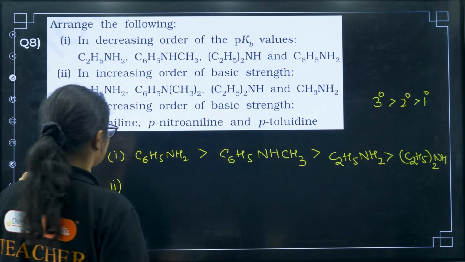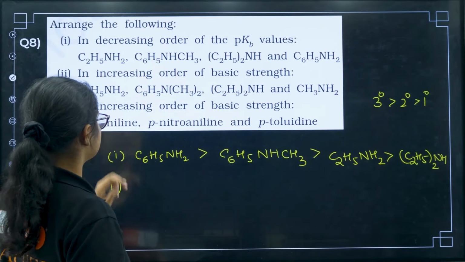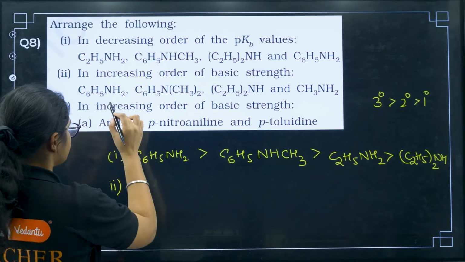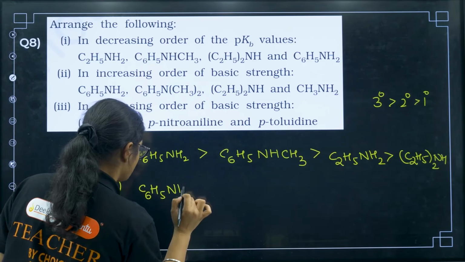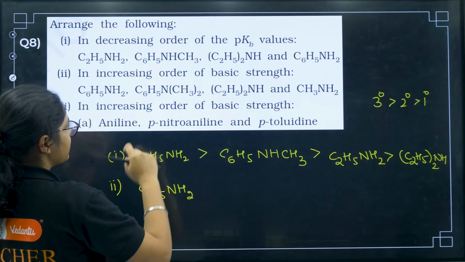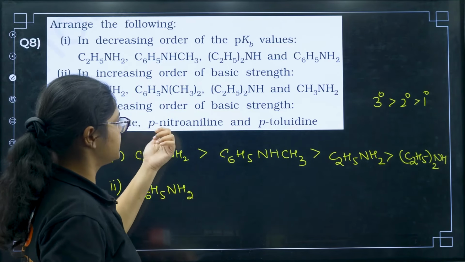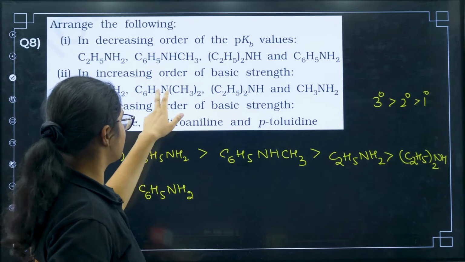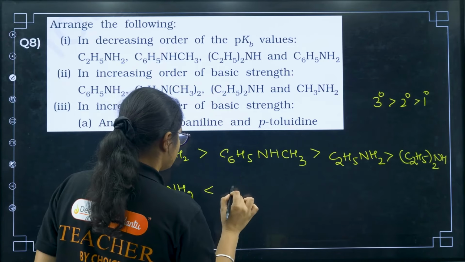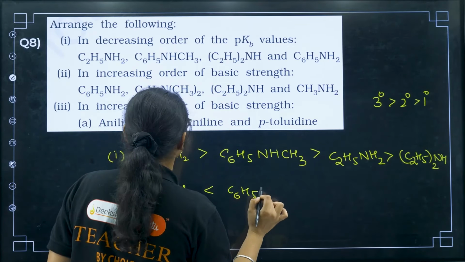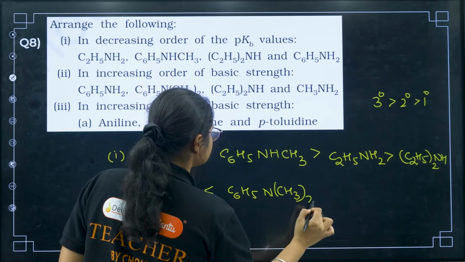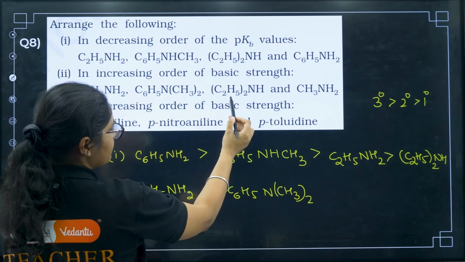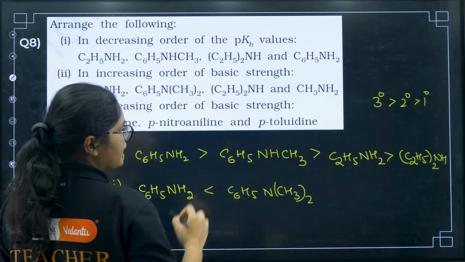Next I have, in increasing order of basic strength, C6H5NH2. Okay. Next we have C6H5N(CH3)2. Then again, this one is a ring, so it will also be low.